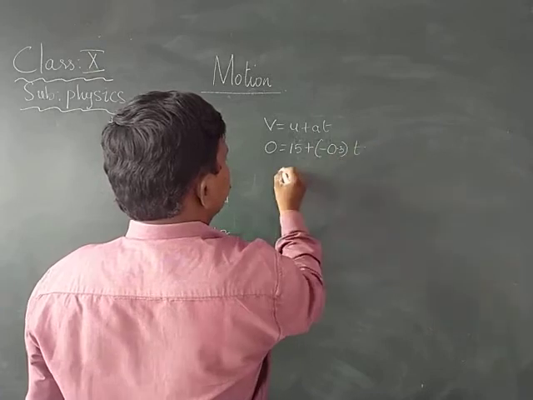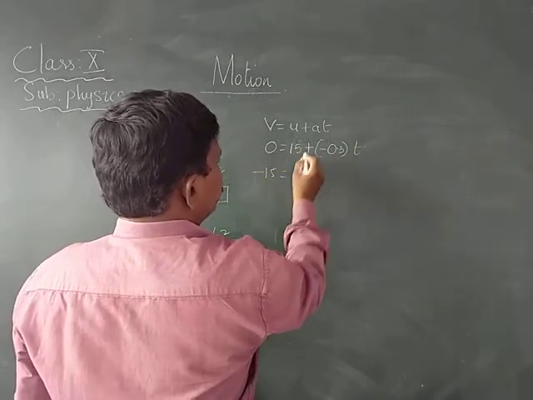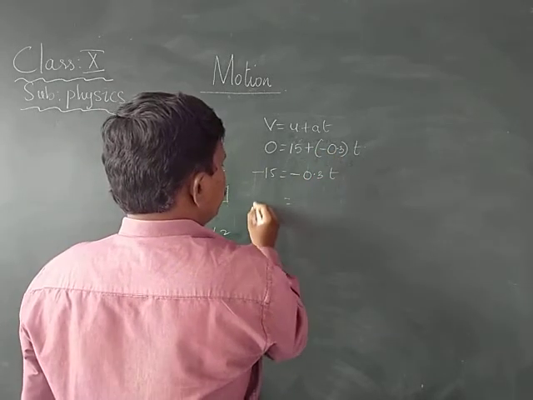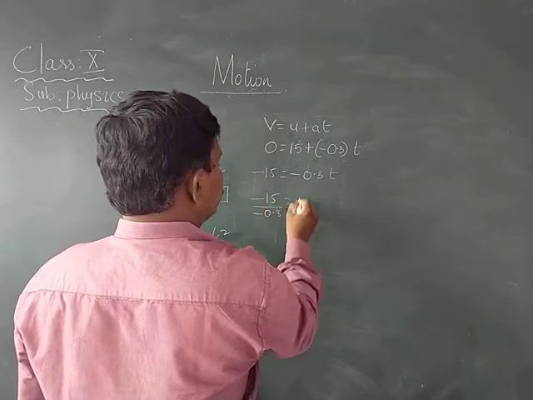and here T. That is equal to plus 15; if it comes to this side, it becomes minus 15. Plus into minus is minus 0.3T. Therefore, T is equal to minus 15 by minus 0.3.